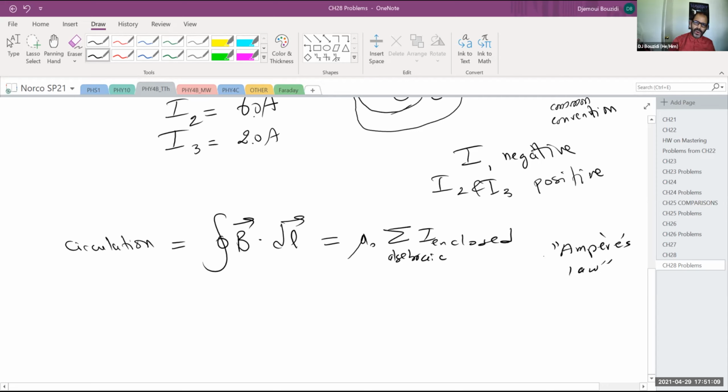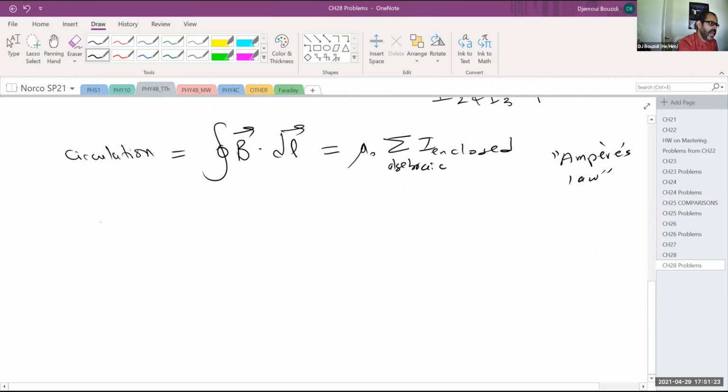Okay? So now I have put stuff that is given in the problem, and I added things that I know, and I'm ready to solve and answer the questions. So the first one is on path A. So this circulation of B dl now is along path A. This is equal to mu naught times the currents enclosed.